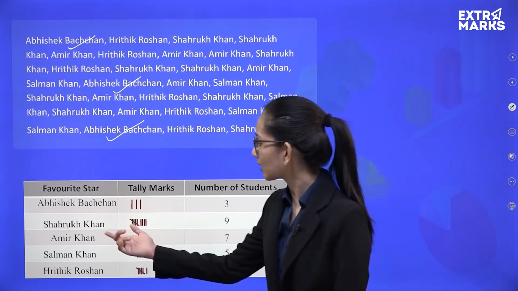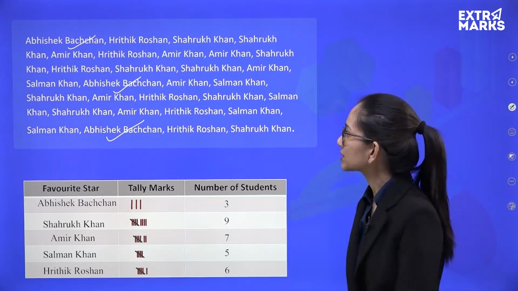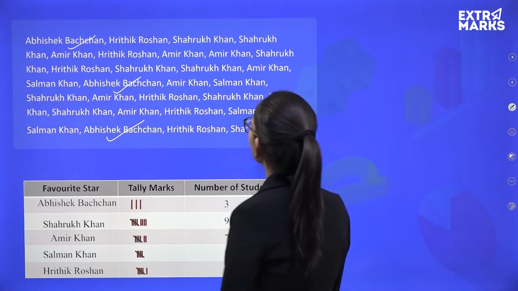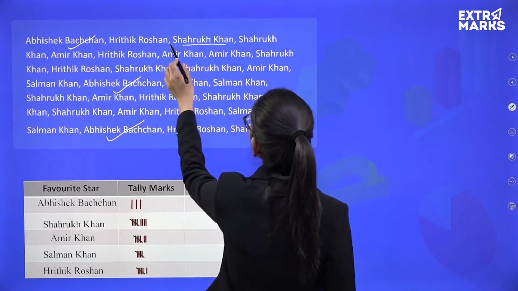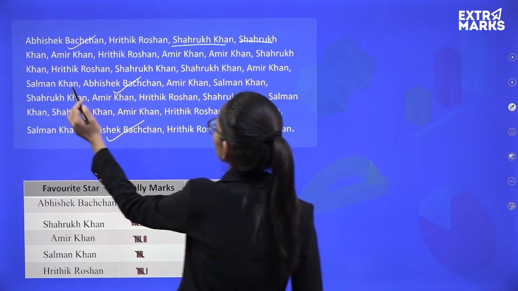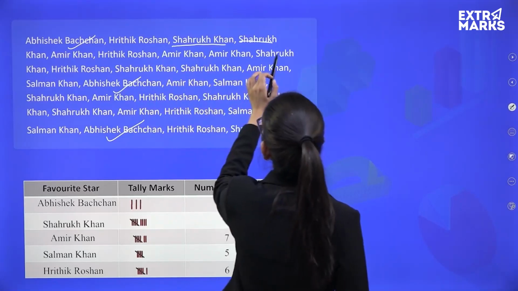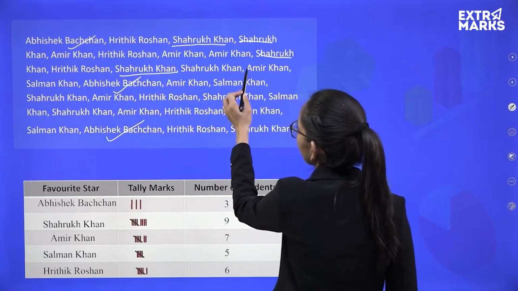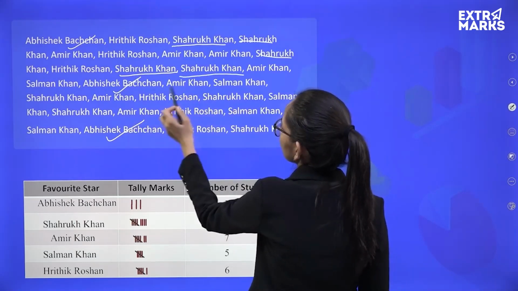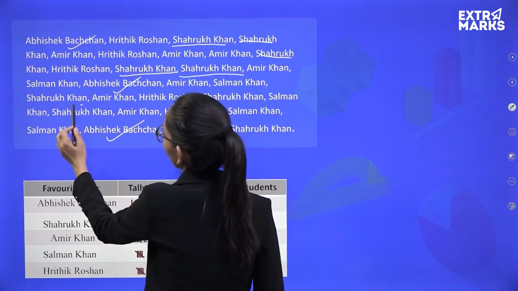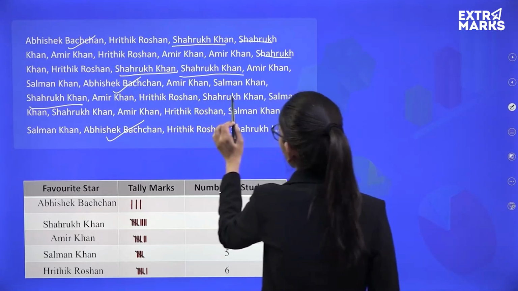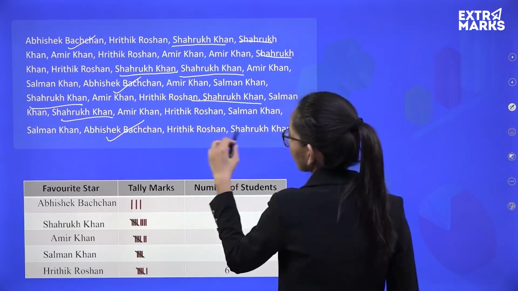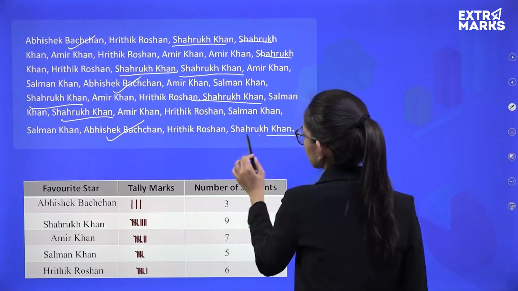Now the second star is Shah Rukh Khan. Let's count how many students like Shah Rukh Khan. It is 1, then 2, after that 3, then 4, then 5, then we have the 6th one, then we have 7, 8, and the last one is 9.